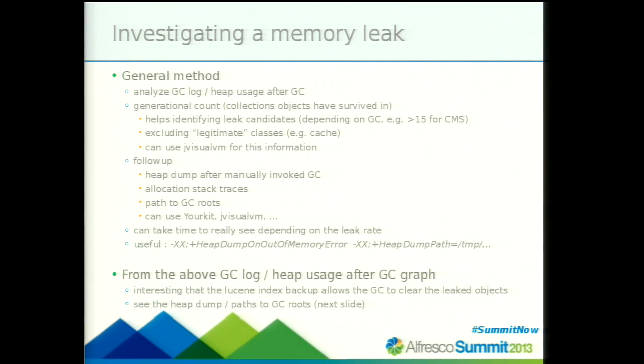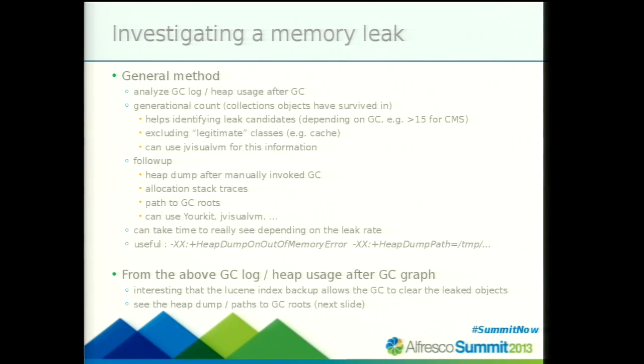Once you've identified the candidates for a leak, you can have a profiler tell you the allocation stack trace from that object, so who allocated that object, back to the GC root. Basically, that object was allocated by this one, which was allocated by this one, and so on.